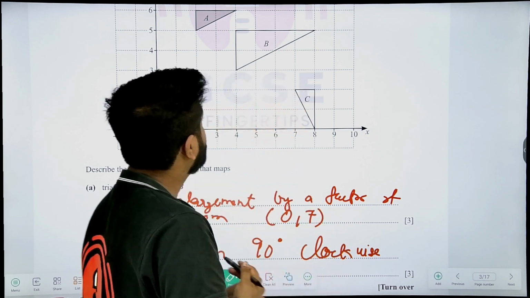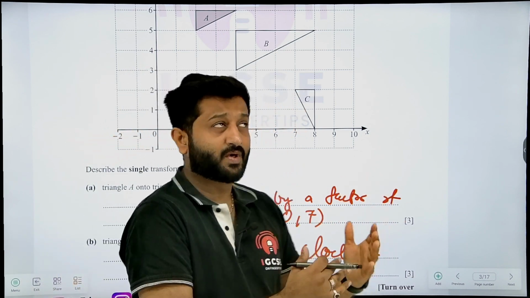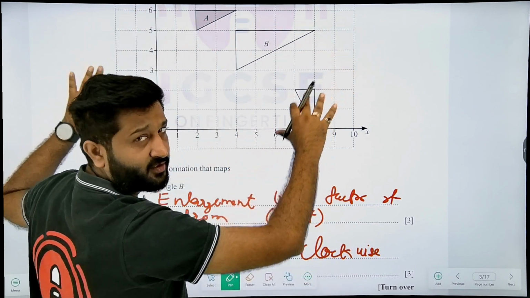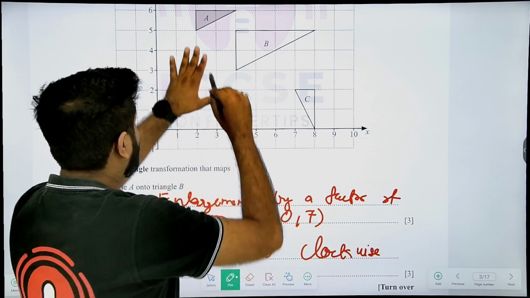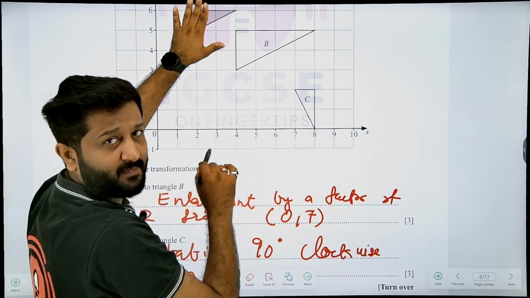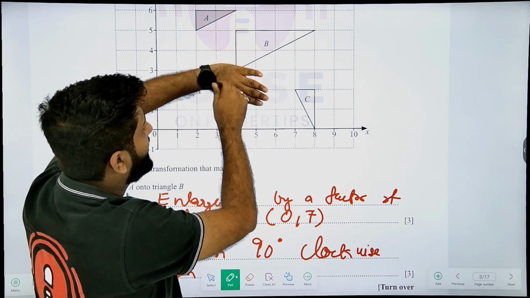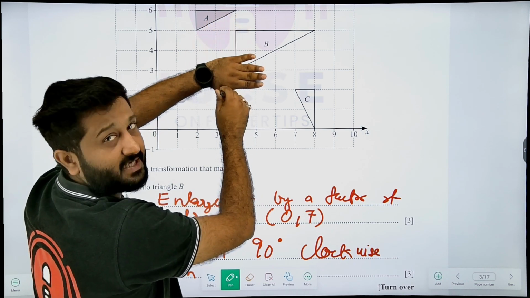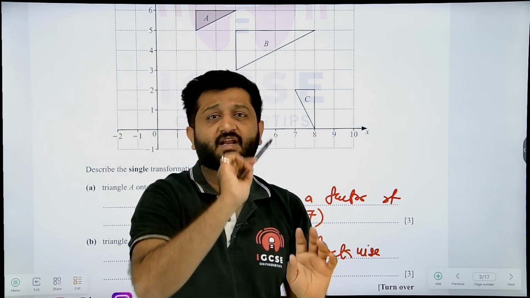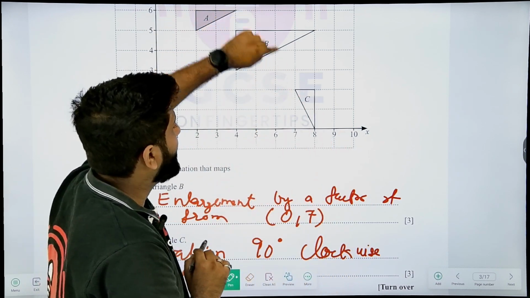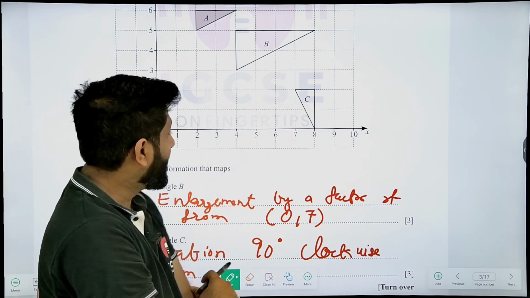You can easily find the center using tracing paper. Put the tracing paper above your paper, draw the figure on the tracing paper, then take a compass, fix it on the tracing paper and try to rotate it 90 degrees and see whether the tracing you have done over the paper matches this image or not. You can do trial and error for that.